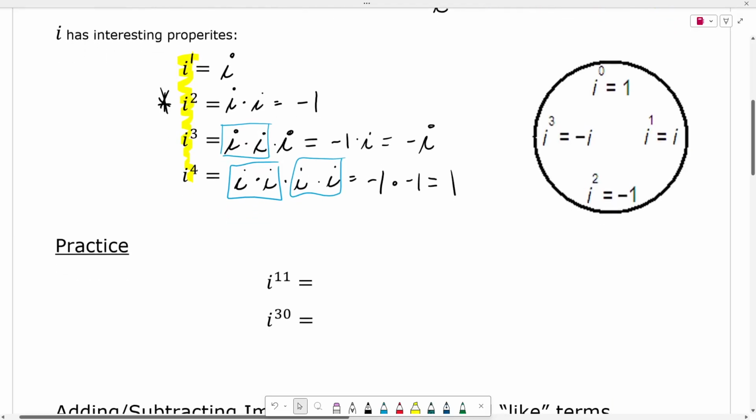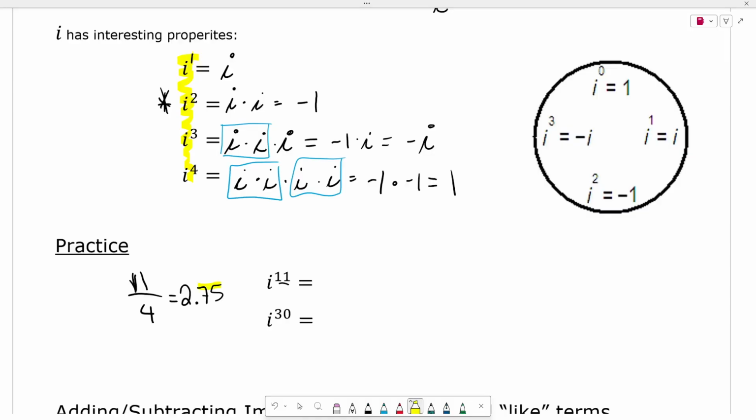I could write out i 11 times and work that out just like we did the previous examples, but that gets to be a lot of i's to keep up with, and I don't want to do that. So I'm going to take this exponent, 11, and divide it by 4. 11 divided by 4 gives me 2.75.